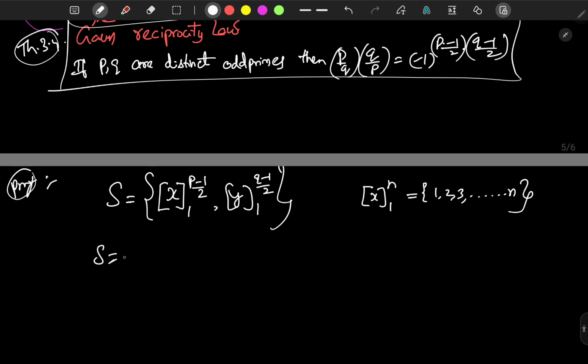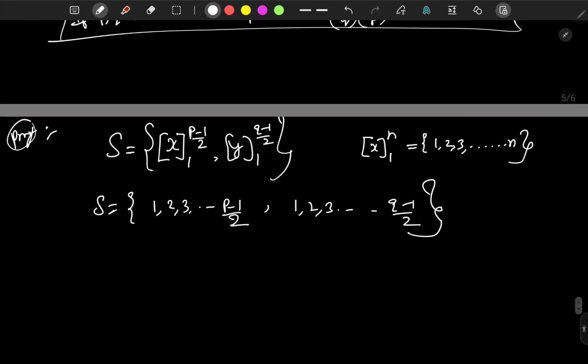What I mean to say is, take 1, 2, 3, 4 and so on up to (p - 1)/2, and 1, 2, 3 and so on up to (q - 1)/2. This is the set. After taking these sets, we have to take the Cartesian product.